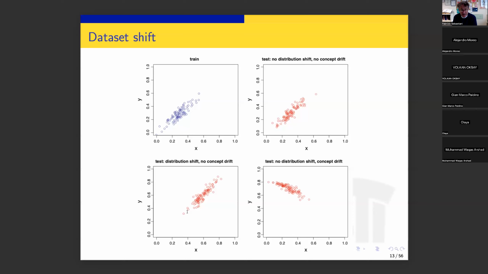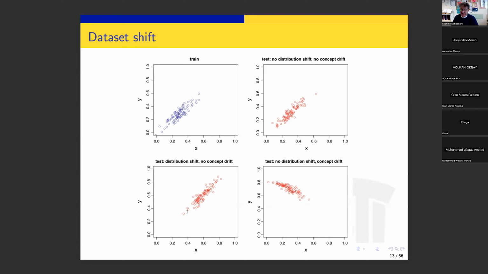Here, we are in the presence of prior probability shift, because the functional relationship between y and x tends to be the same, but the covariates have shifted. So the unlabeled data are mostly data where the value of x is between 0.4 and 0.8, instead of being between 0.0 and 0.6 as in the training data. So here we have prior probability shift, but no concept drift.